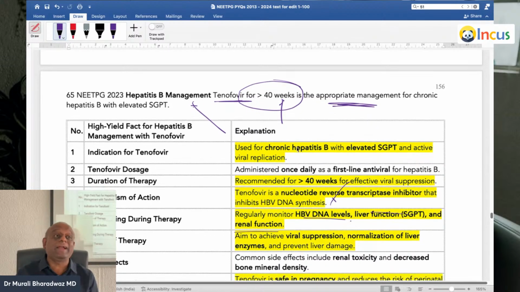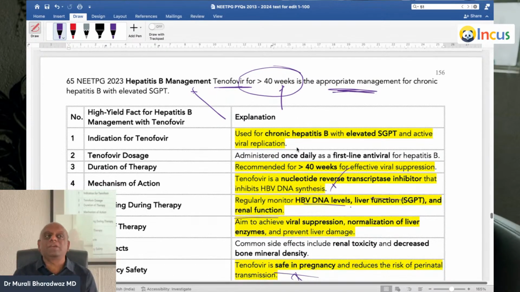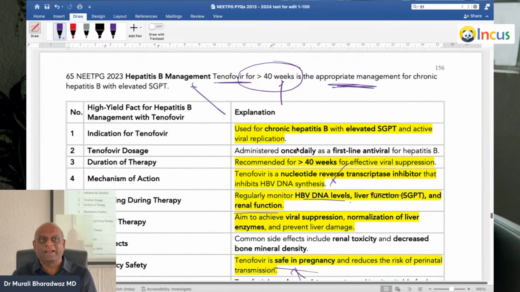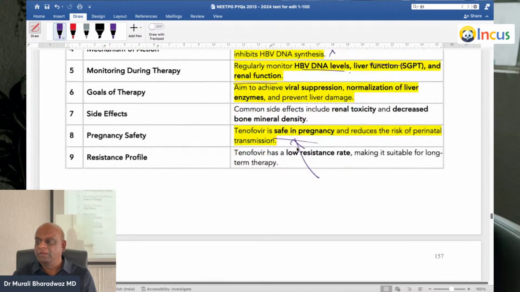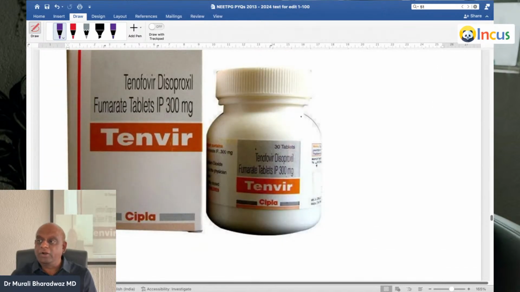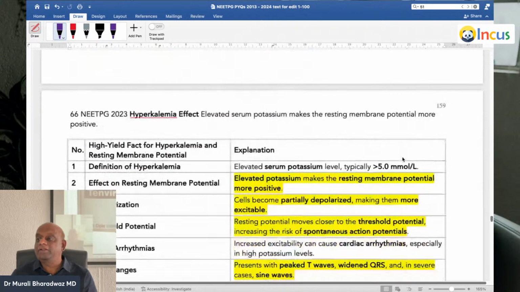But she had raised liver enzymes. So are the raised liver enzymes due to hepatitis B or because of the pregnancy itself? So these are all challenges in managing the patient, right? So what is this, doctor? Tenofovir, which is being given for 40 weeks to treat hepatitis B.